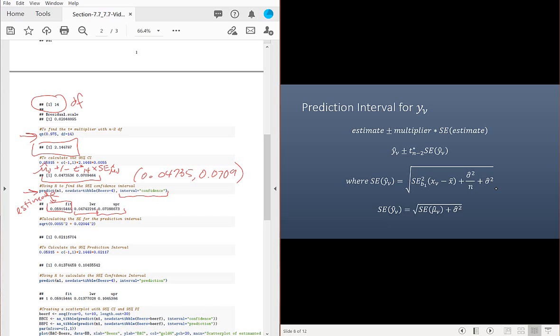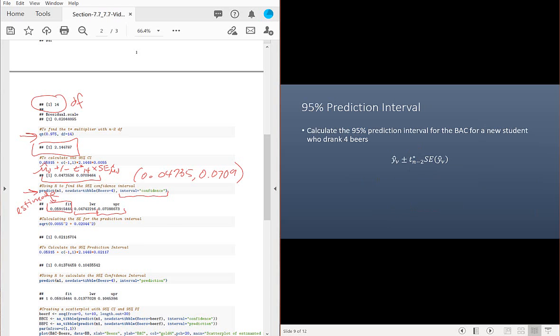In other words, the standard error for y nu hat is the square root of the standard error of mu nu hat squared plus sigma squared hat. Let's look back at the R output to calculate the 95% prediction interval for the blood alcohol content for a new student who drank 4 beers.